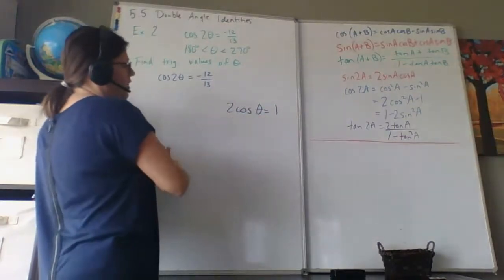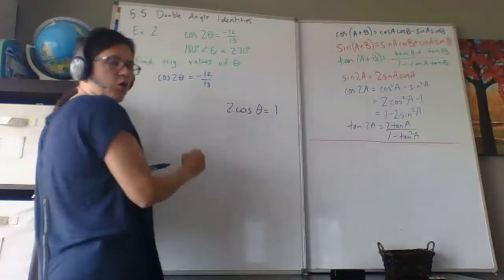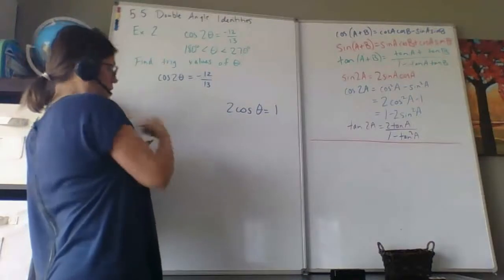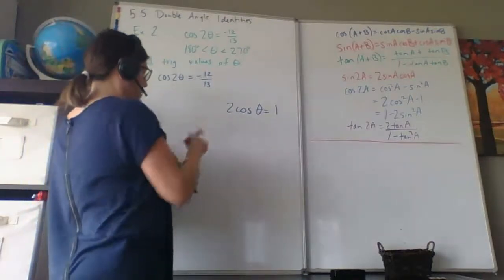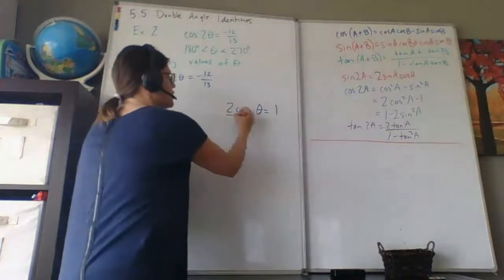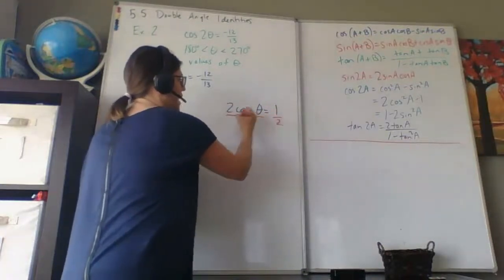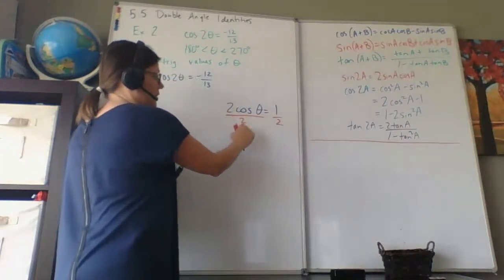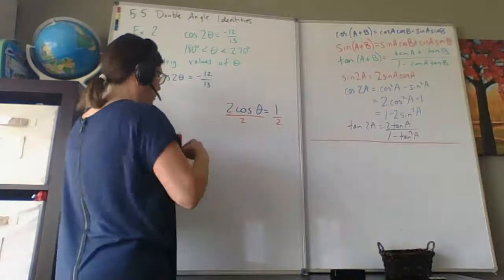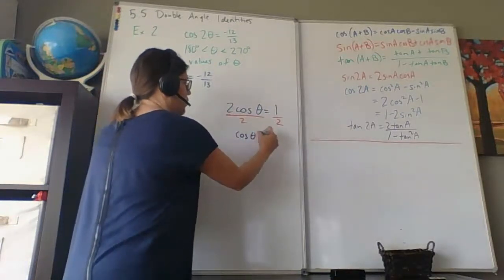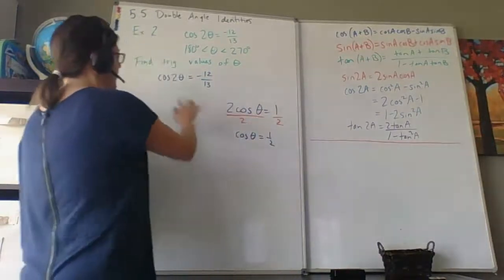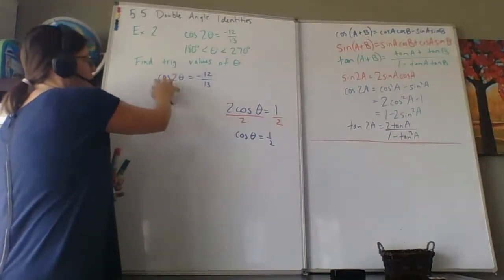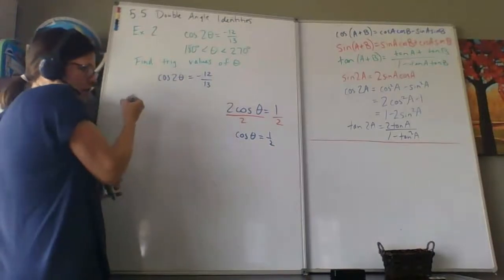You almost want to think of a cosine of theta as its own variable, and the cosine of 2 theta as its own variable. So in this situation, we can divide both sides by 2 because the 2 is outside of the function, and so therefore the multiplication can cancel out with the division. So here we would get cosine theta equals 1/2. However, this is different. This is the cosine of 2 theta. So this is one expression here that can't be messed with.